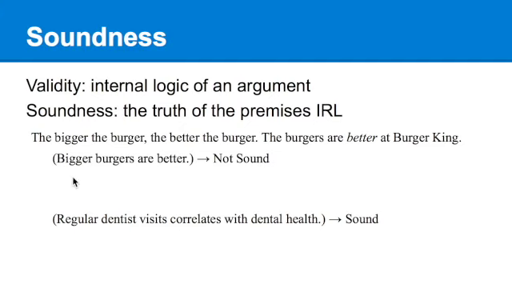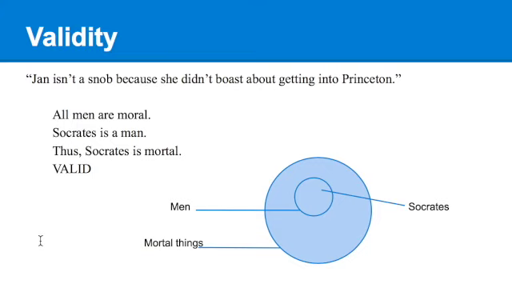So we have to distinguish and remember, we're not claiming necessarily that the premises are true or not true when we're talking about the internal logic of an argument, or the way that an argument is set up in its syllogistic or inductive form. We're just talking about its validity in that case, and then we can separately talk about its soundness.